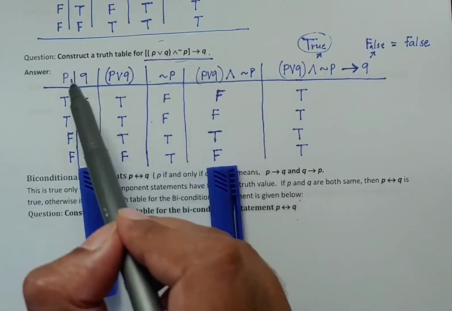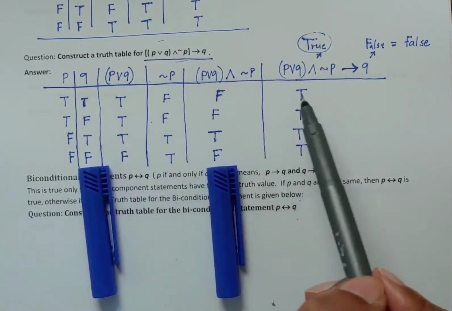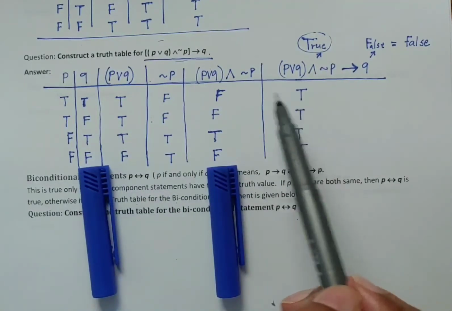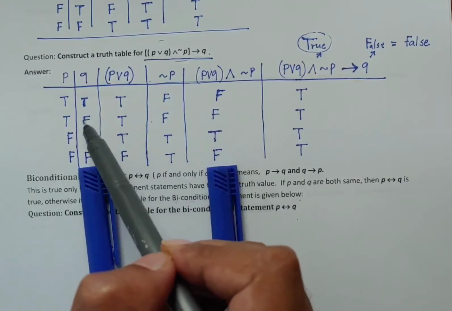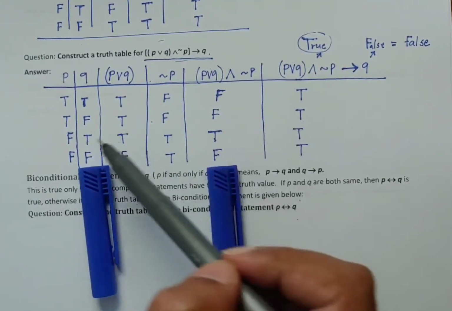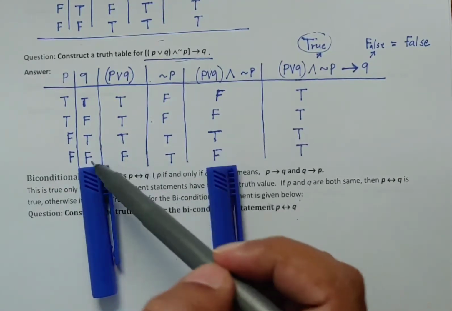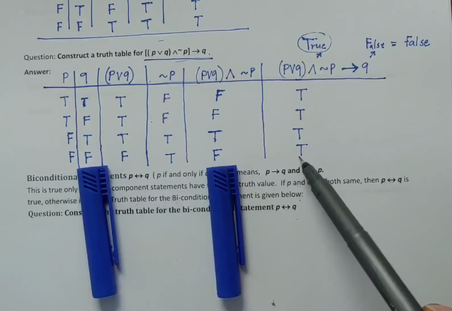False implies true is true. False implies false is true. True implies true is true. And false implies false is true.